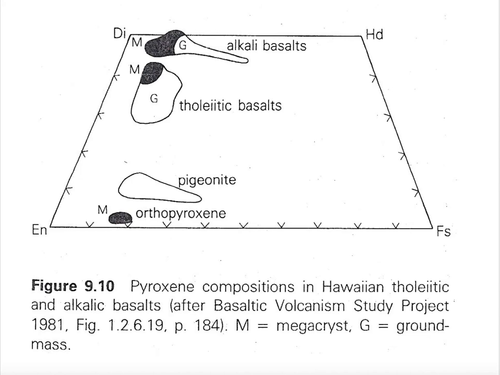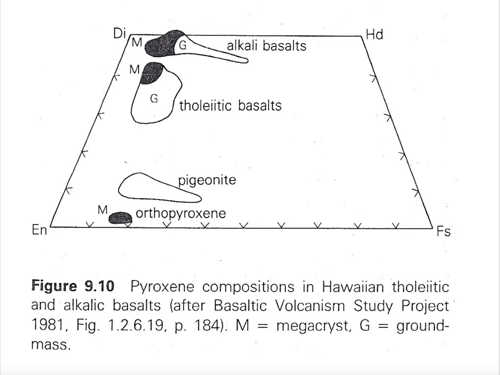M always represents the megacrysts, and G is the groundmass, and both clinopyroxenes are different from each other.